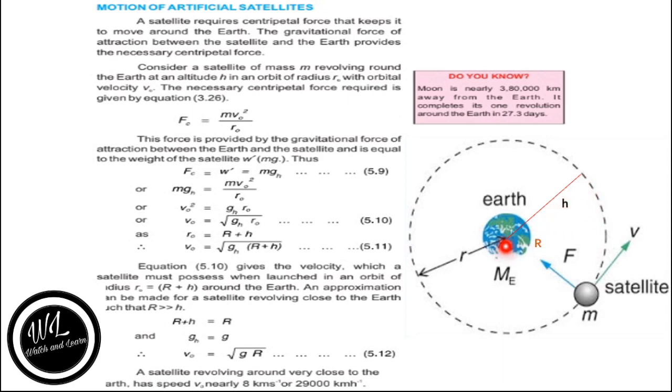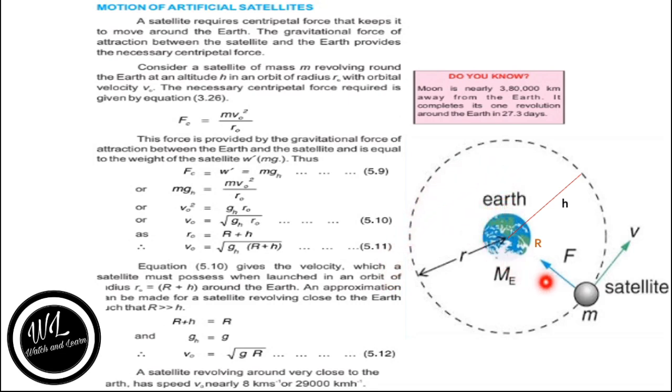So r naught equals r plus h, and I'll put r plus h in place of r naught. Now we get this relation, which gives the velocity with which the satellite is launched in an orbit.